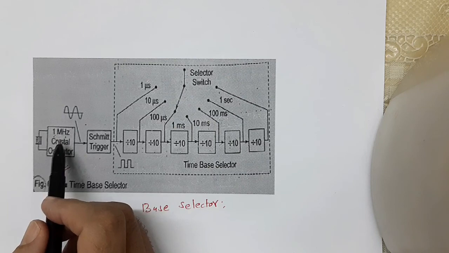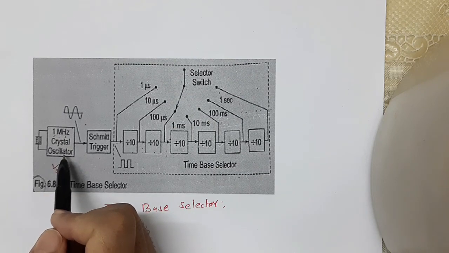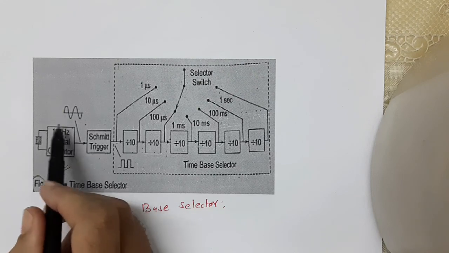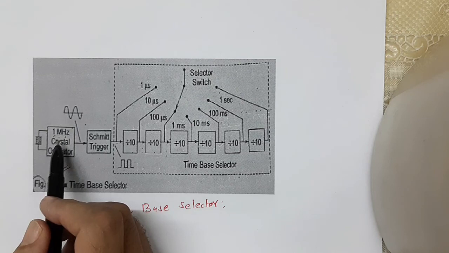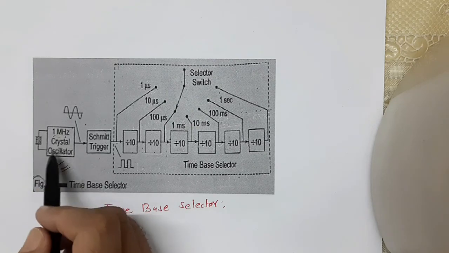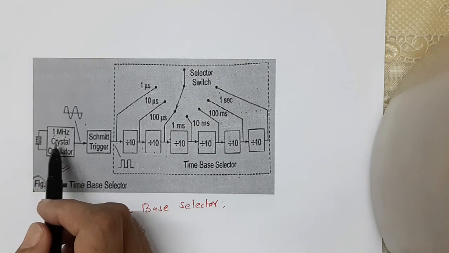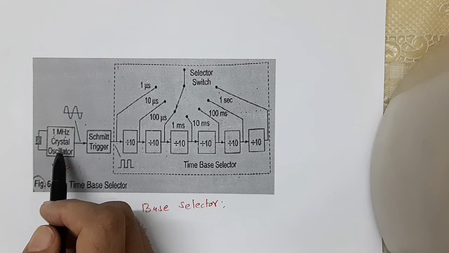It is also known as the clock oscillator, which has to be very accurate. In order to ensure its accuracy, the crystal is enclosed in a constant temperature oven.